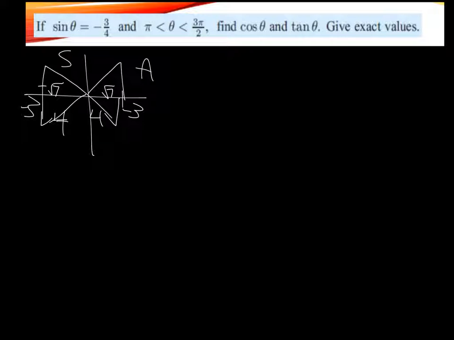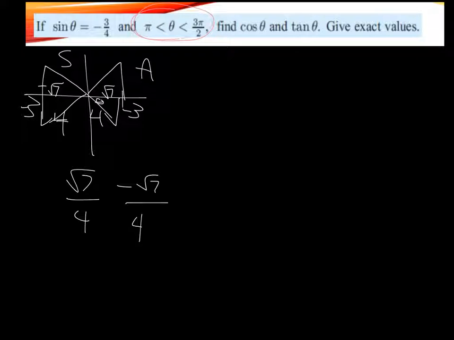So to find cosine, and again, cosine where sine is negative, we look at cosine, we get root 7 over 4 from our first triangle, and then in the second one we get negative root 7 over 4. We do need to come back, because one of those answers doesn't make sense.